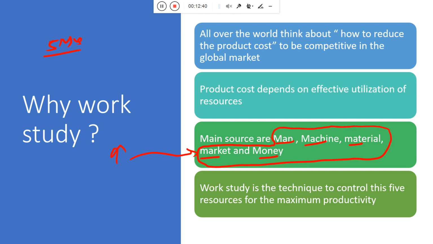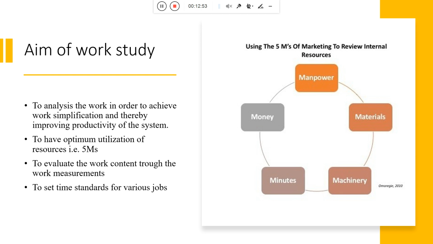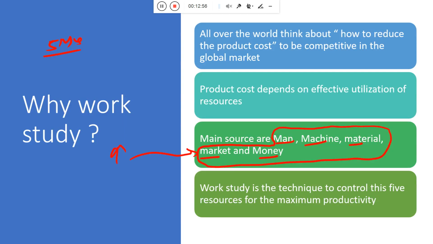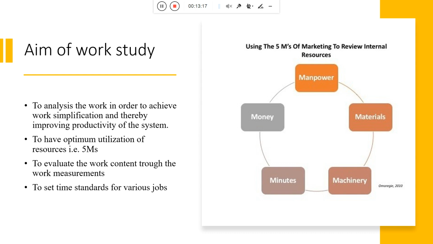How can you utilize the resources available in your organization in an optimum way so you can increase the productivity of the plant? Without any investment, work study can improve the productivity of the organization by improving the utilization of, by optimum utilization of, the existing resources.